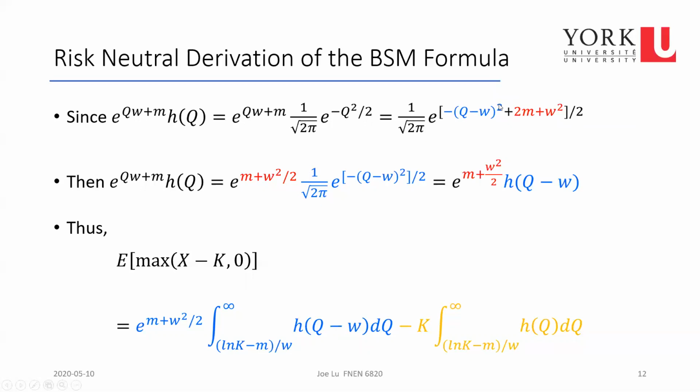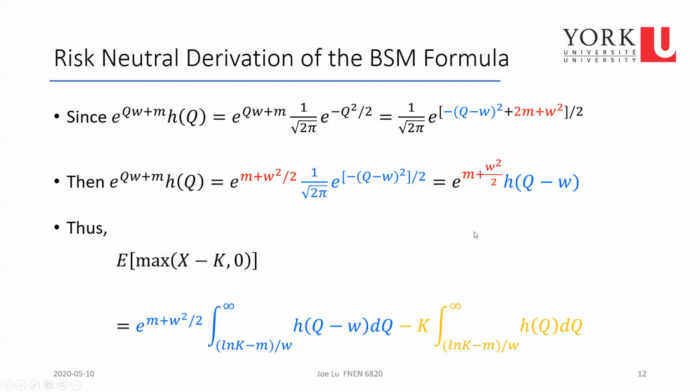Anything inside here, if you look at this particular thing, is again a standard normal probability density function with q minus w as the variable. You can treat it that way.